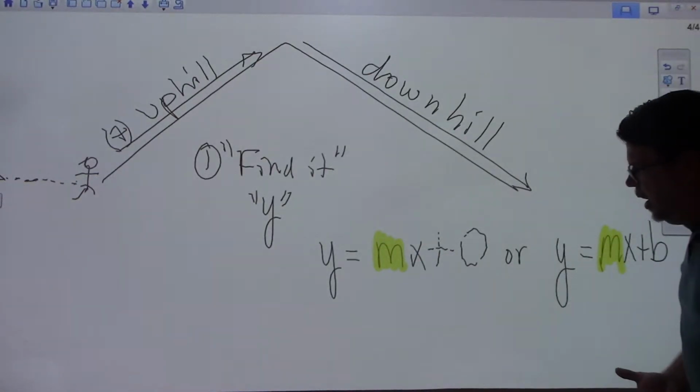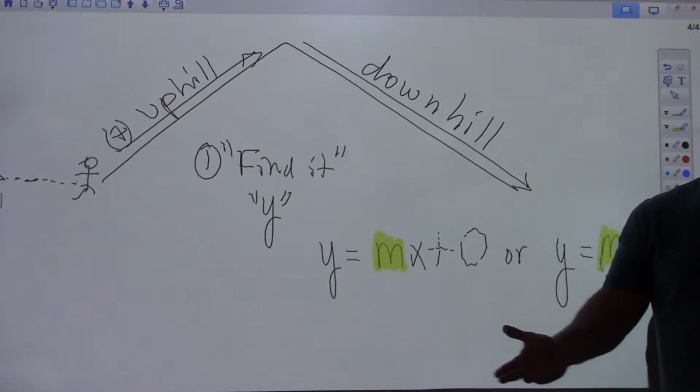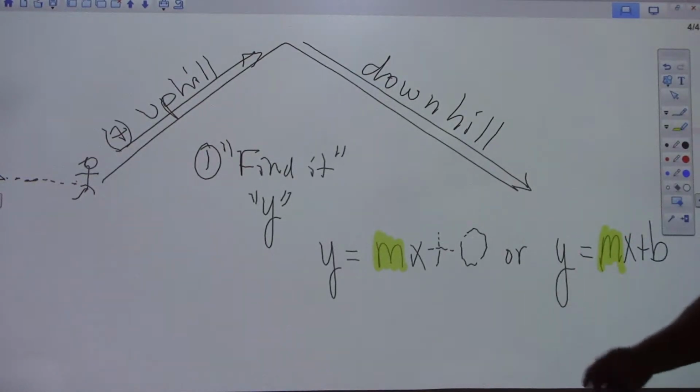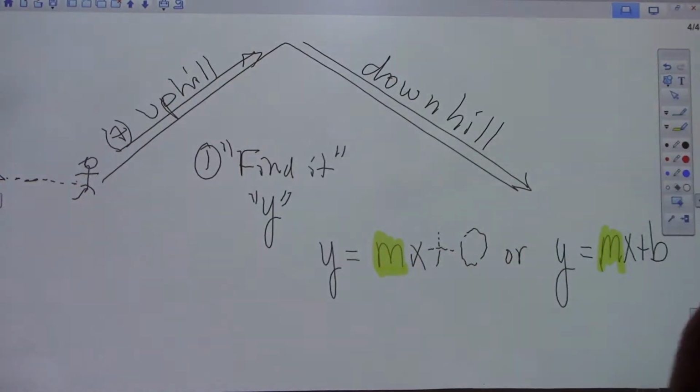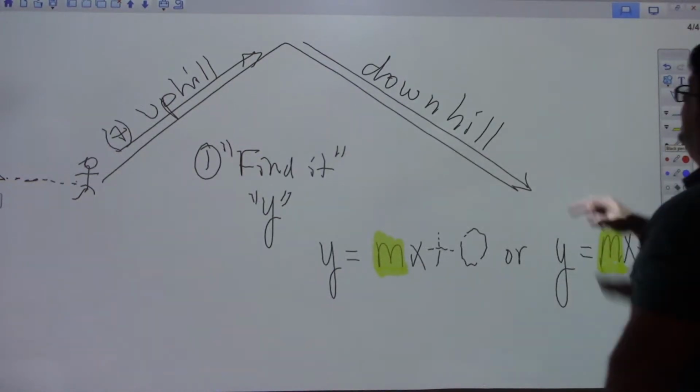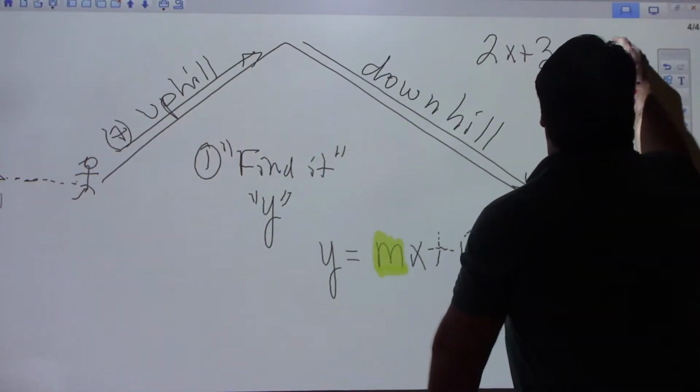You just look at it. There's no calculating. There's nothing. You just solve for y, and whatever that number is right here, that's your slope. Right there. And I'll give you a quick example. 2x plus 3y is equal to 6.